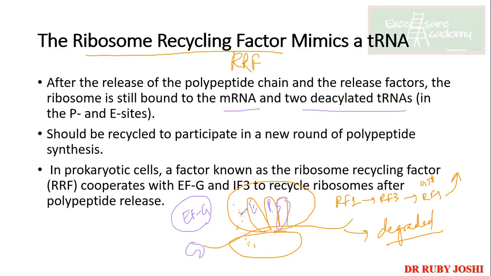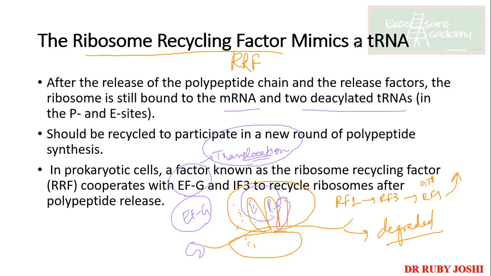Now here also, in order to release your tRNA, which is present on the E site and the P site, we need the activity of your EFG, because this is meant for translocation. Okay? What is its work? To translocate. So in the same way here also we need to free the tRNA. So we again need the activity of EFG.